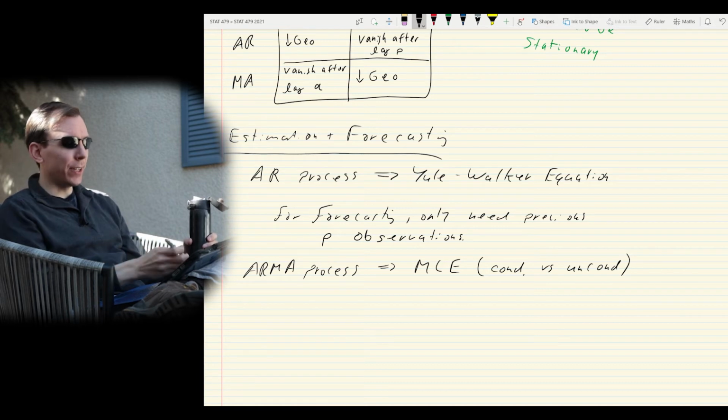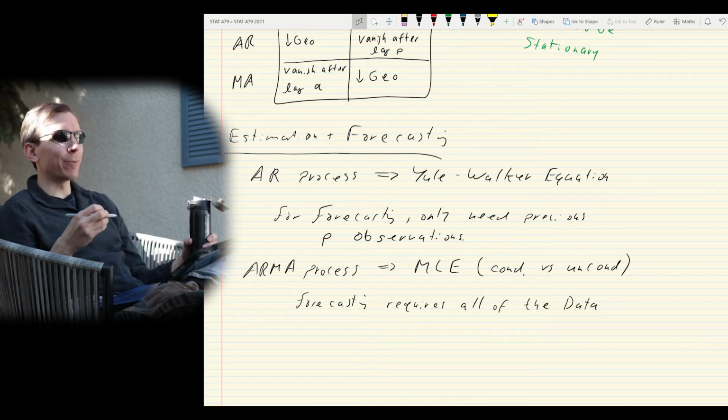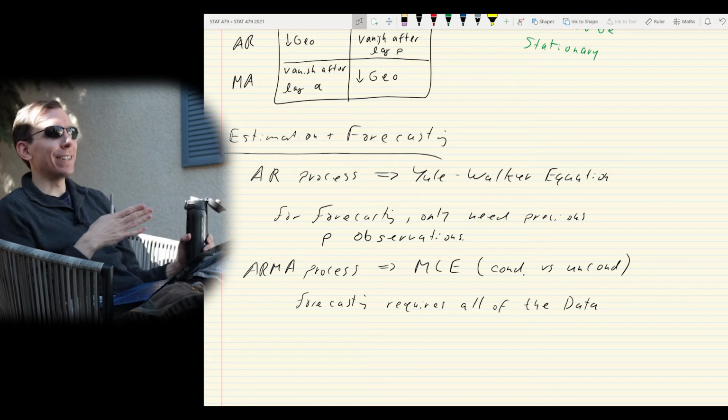The other issue is with forecasting, because forecasting now requires all of the data. Because when we're trying to deal with all of these moving average pieces, we're going to require data going, in some sense, as far back as we can.